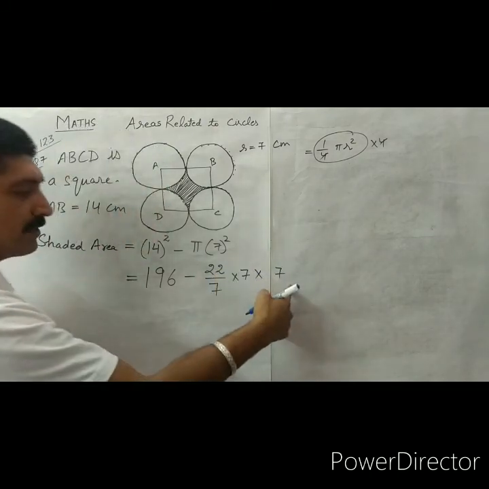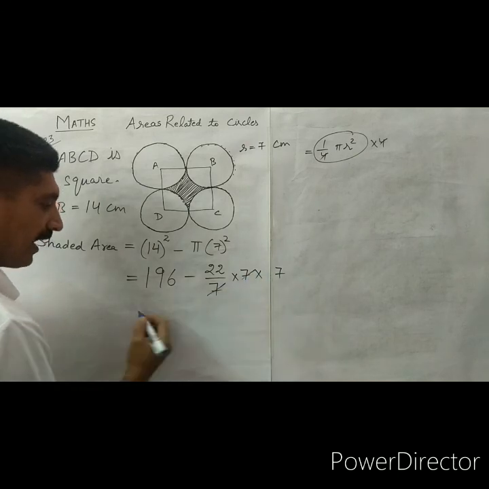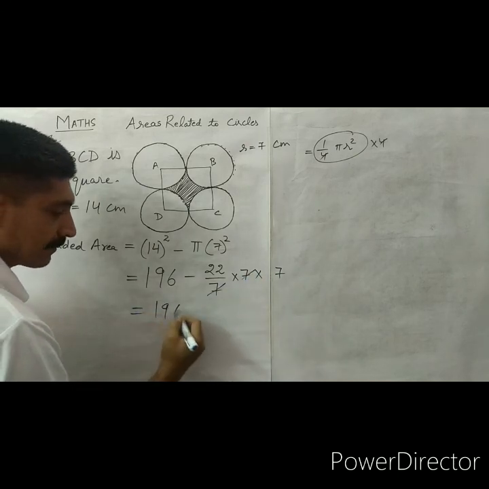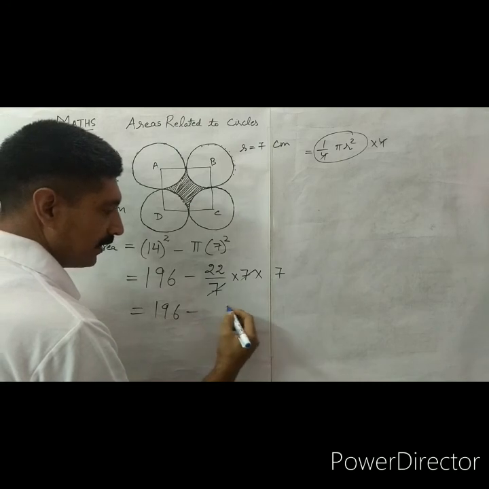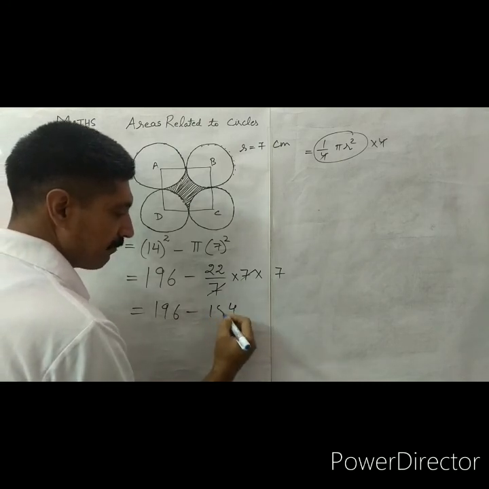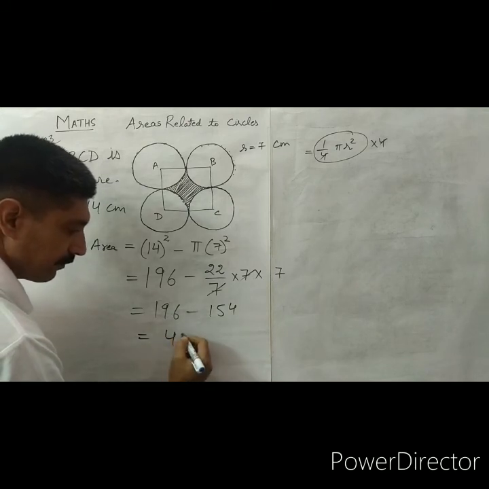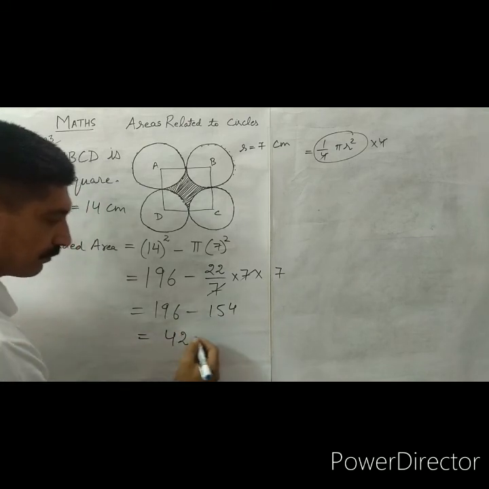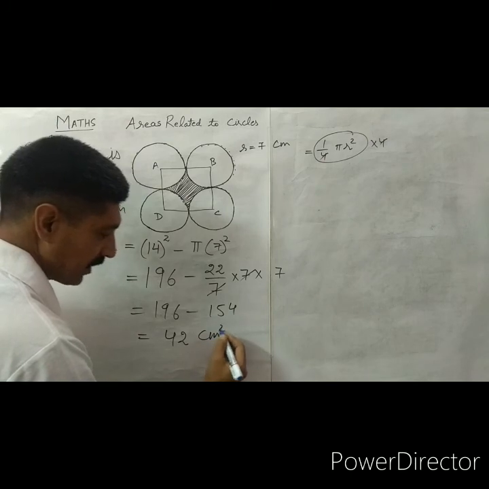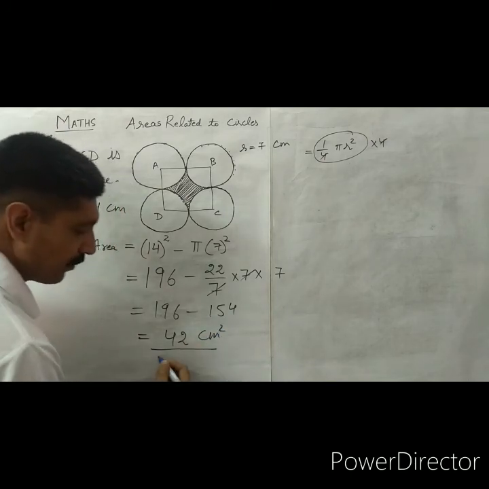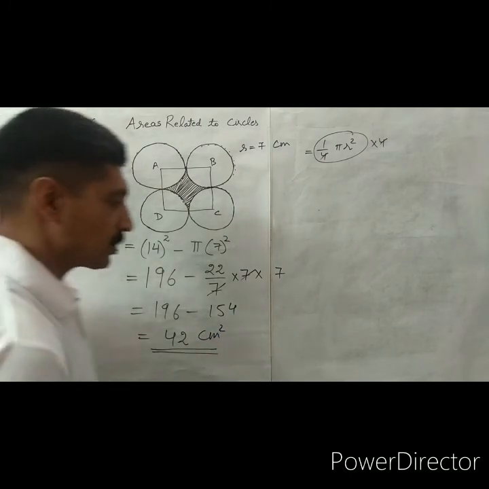R square is 7 into 7. So here we have 196 minus 154, that is 42 centimeter square. So shaded area is 42 centimeter square.